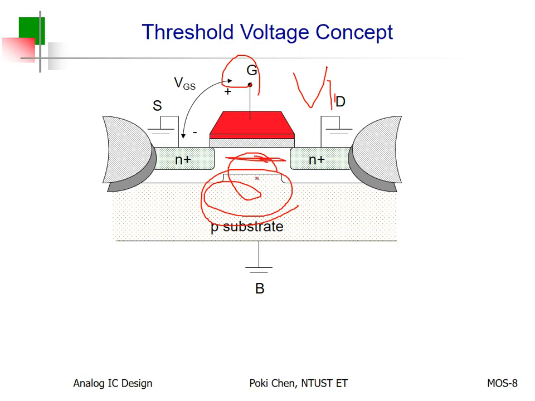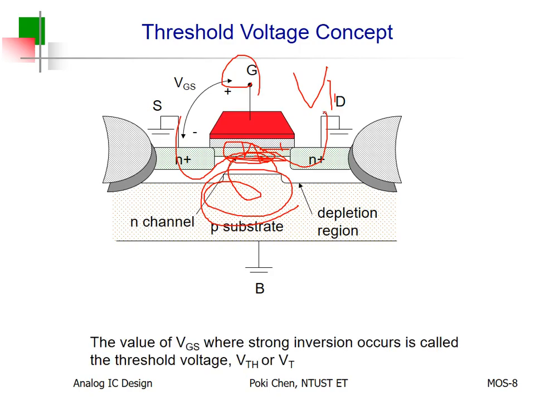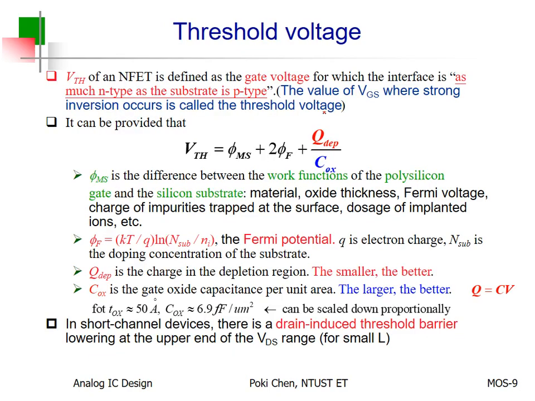After that, you can go higher than VTH. Finally, you have a strong inversion layer to connect, because the source and drain are now N plus. So you can conduct much more current from drain to source. That is the key idea. And then we go to threshold voltage.